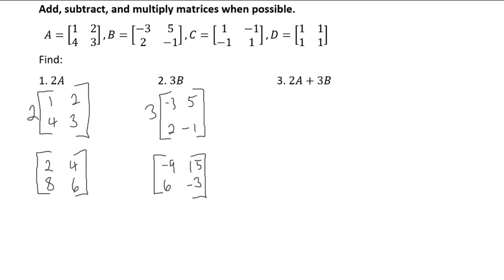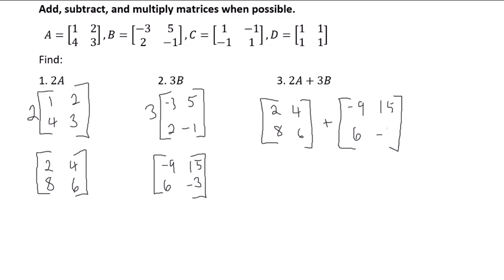Well, we already calculated what 2A and 3B are. So now we just need to add them. So 2A is 2, 8, 4, and 6, plus 3B, which is -9, 6, 15, and -3. And when you're adding matrices or subtracting matrices, you add the same spot, so the same row and columns.